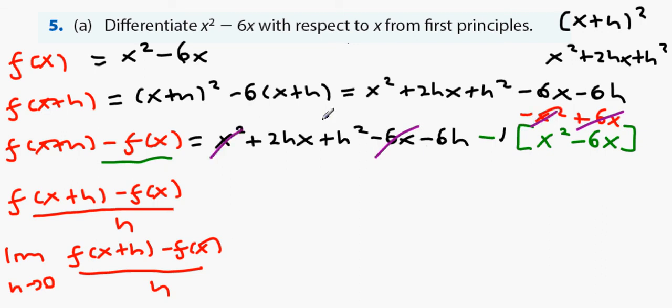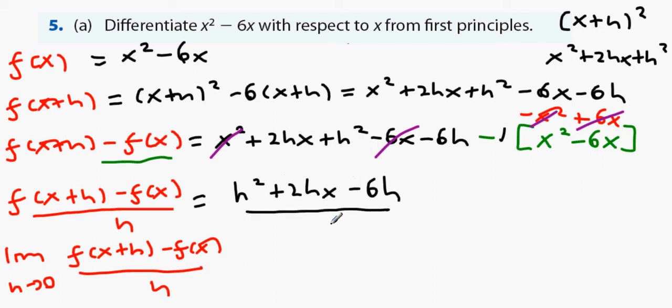And as predicted, everything on the next line has an h in it. So we have h squared plus 2hx minus 6h all over h. That h cancels that h, cancels this h, and lo and behold, you're going to be left with h plus 2x minus 6.